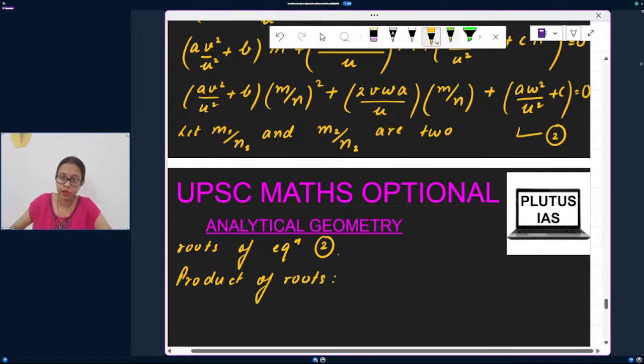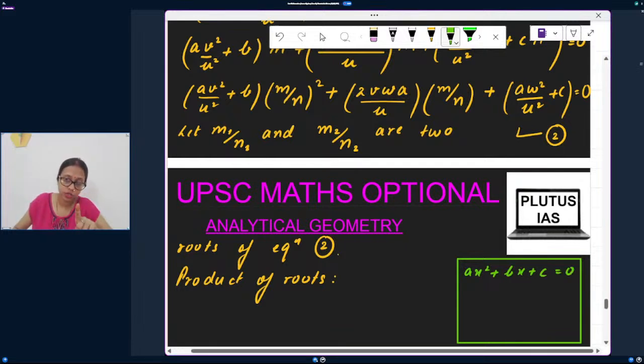yes, everybody remembers? If I have ax square plus bx plus c is equal to 0, I'll generalize this result also. Please observe. The sum of roots alpha plus beta is minus b by a, it always starts with minus, and then alpha beta is just c by a.